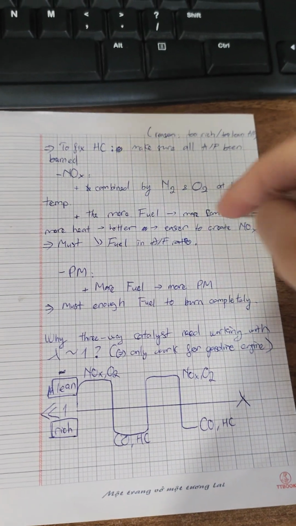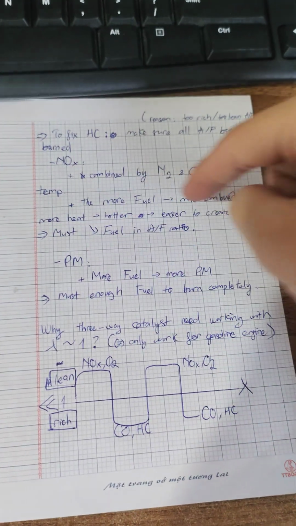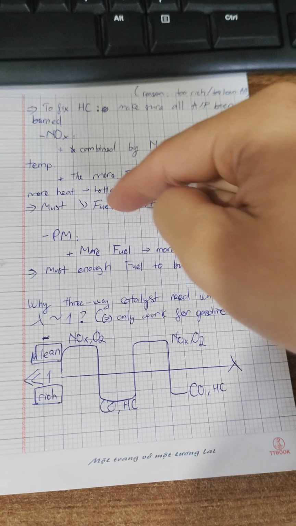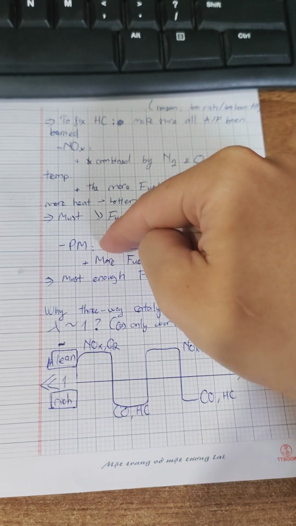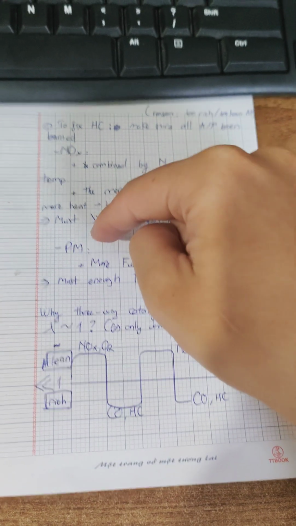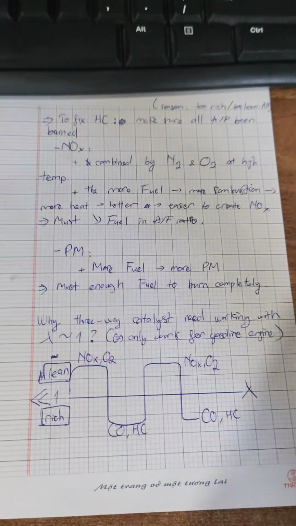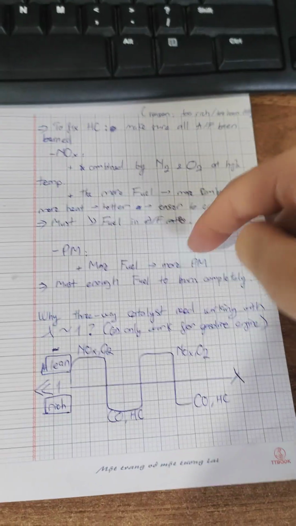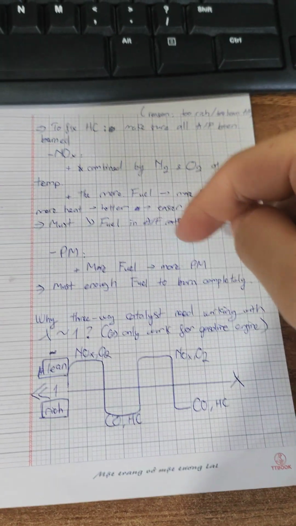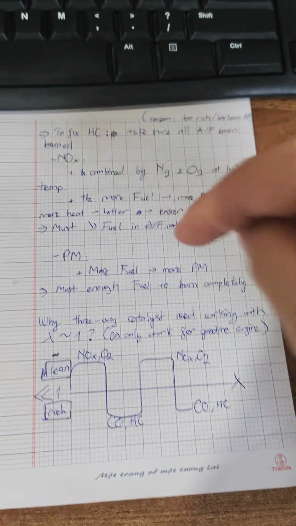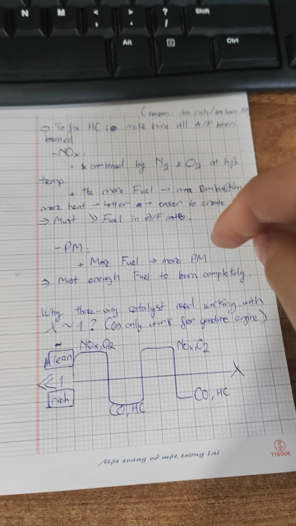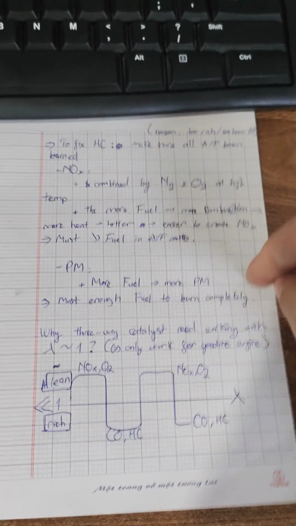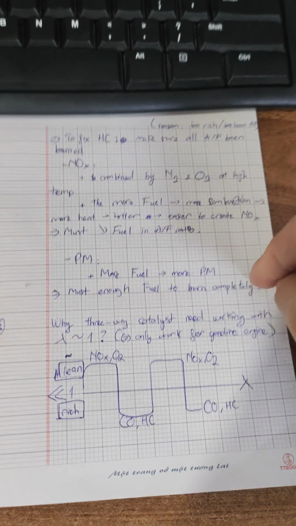So if we want to reduce NOx, we must reduce the fuel in the air-fuel ratio. The last is the particulate matter. The more fuel, the more particulate matter. So we must use enough fuel, not too much, not exceeding the needed amount. We need to make sure it burns completely.